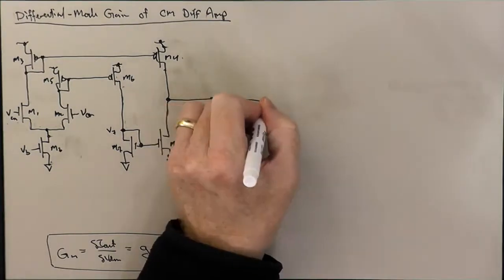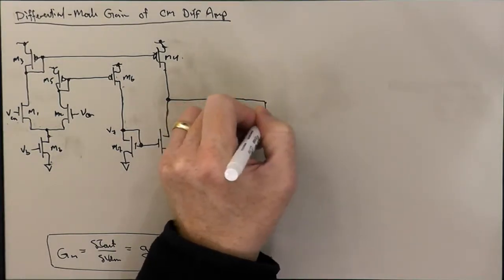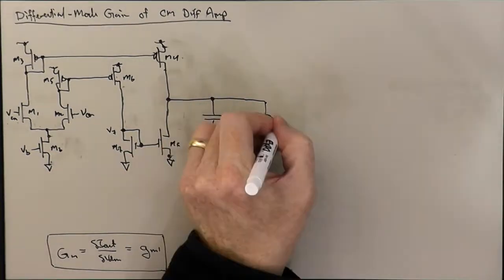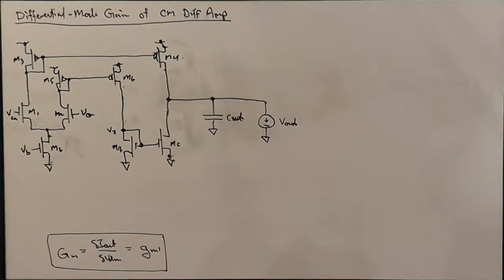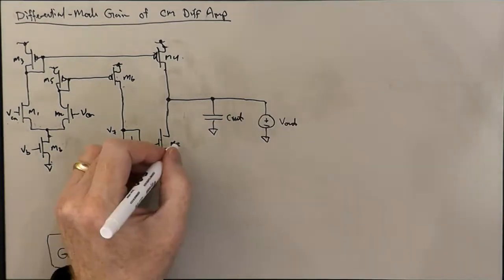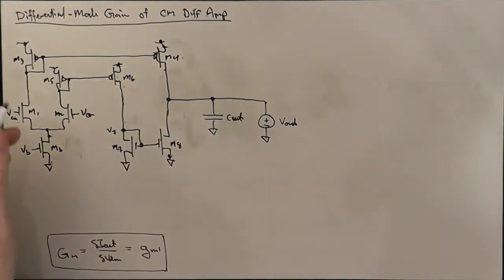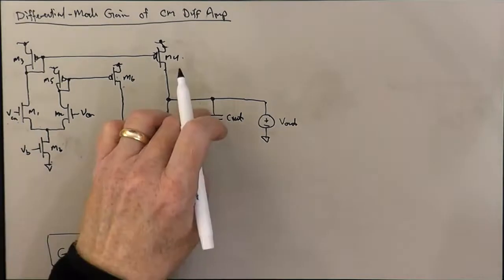And we're interested in doing the node fixing thing again to figure out what is the differential mode gain. So we fix V out. And we're going to be interested in asking ourselves, what's different about this case with that capacitor there?